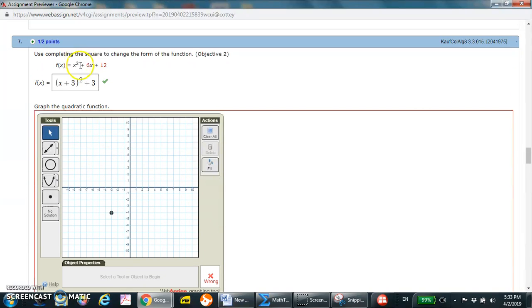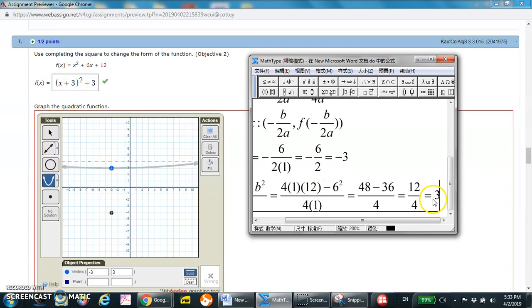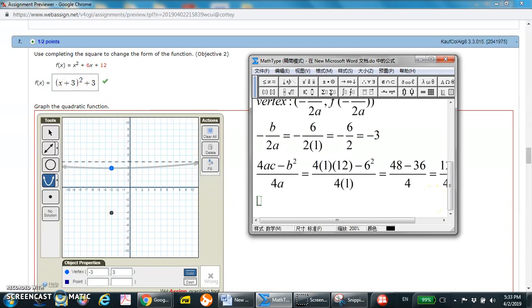Next, we're gonna use the standard form we just found to graph this function. So the first point is the vertex, which is negative 3 and 3. Now we need the second point. To find the second point, we choose a random number and we evaluate the function at that random number.